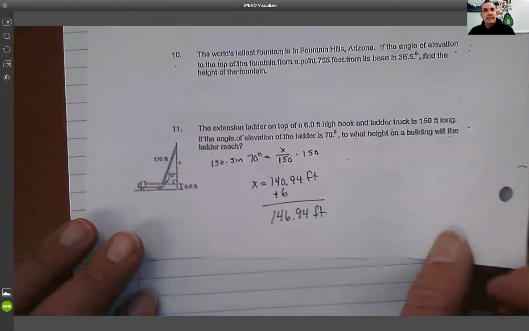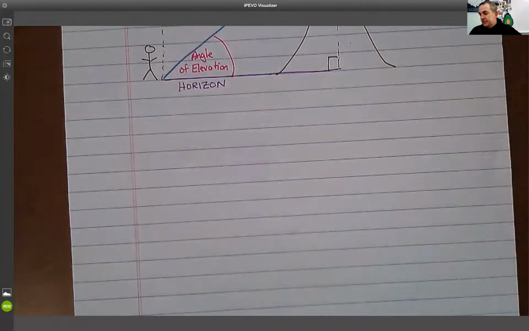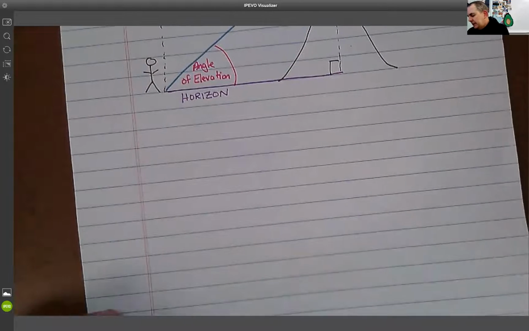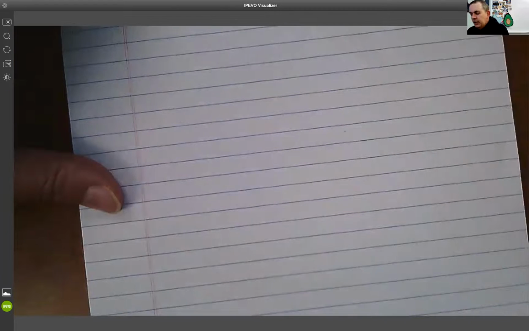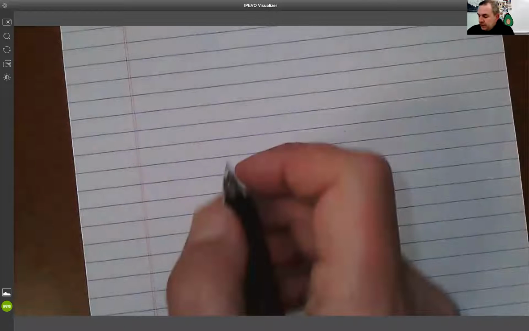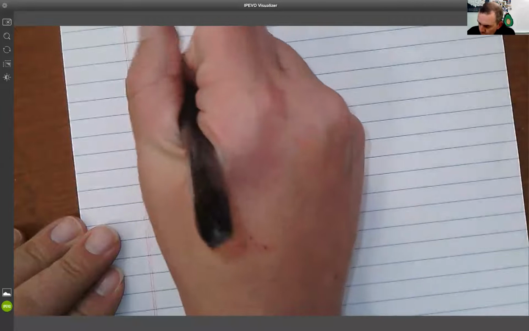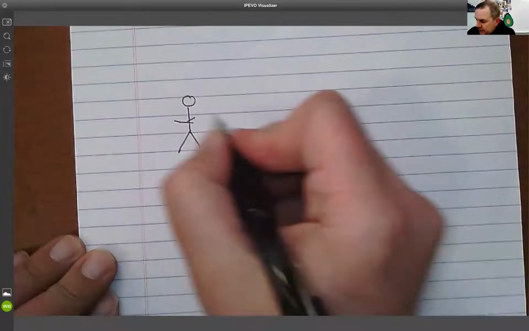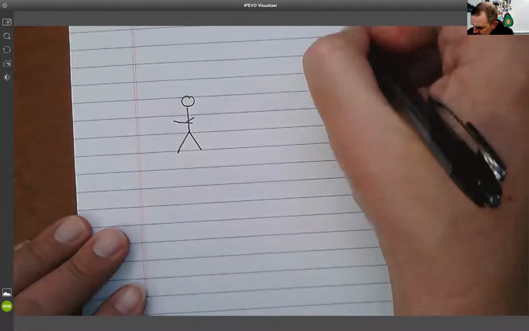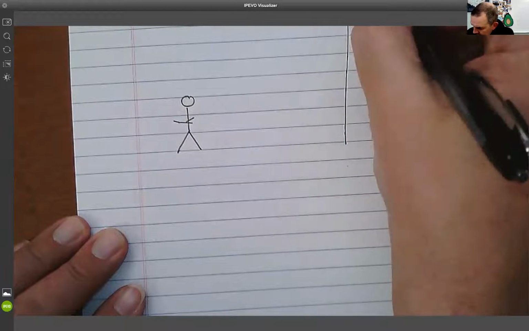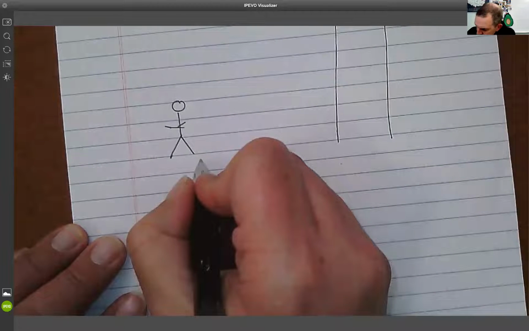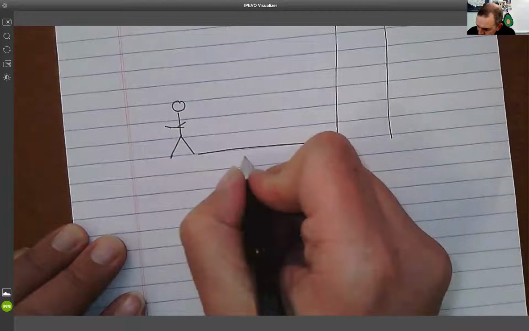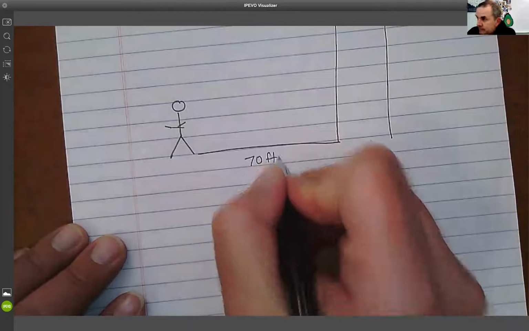How we talked about it in class and how you need to be aware of it is like this. This is the big one that I need to keep in mind. Say I have someone looking at a building. I have a person, and that person is looking at a building. Let's say they're 70 feet away from the building.